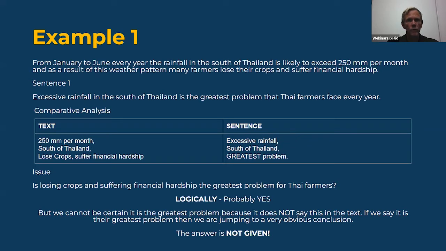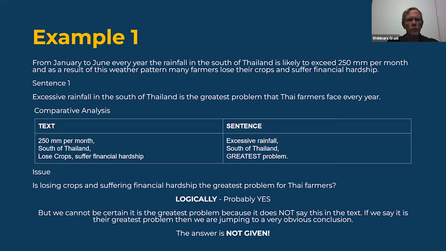So they're very similar. Then we have the south of Thailand, which is in the text, and the south of Thailand, which is in the sentence. So we are talking about the same place. Then in the passage, we have that the farmers lose their crops and suffer financial hardship. Whereas in the sentence, we have it's the greatest problem that Thai farmers face every year.